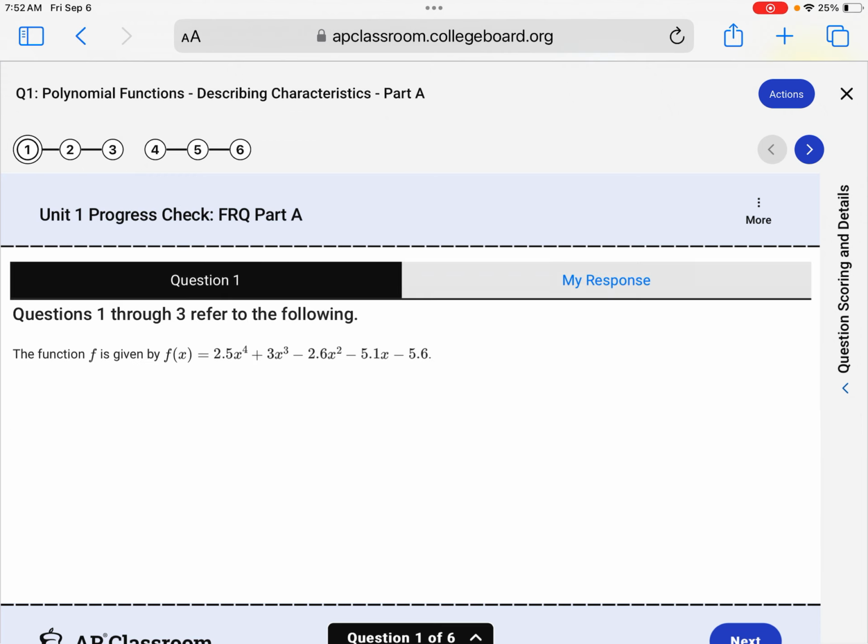Okay, so I'm going to go ahead and put this into Desmos so I can look at it. I don't have a graphing calculator with me.